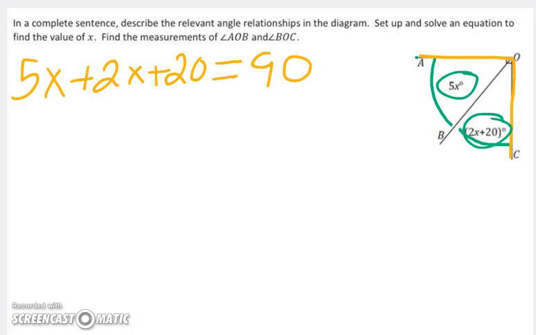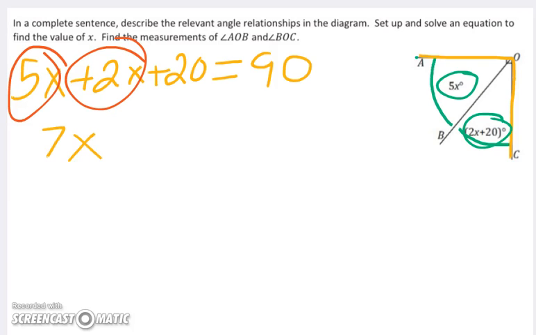Okay, so if I add all this together, in theory, it should give us 90 degrees. Well, I see like terms on the left side. Let's use our shapes. We've got 5x and a positive 2x, and that gives us 7x. And then we need to bring down our plus 20, equals 90.